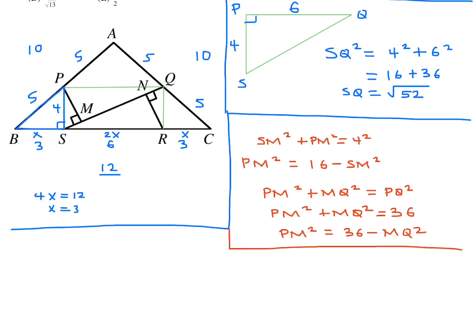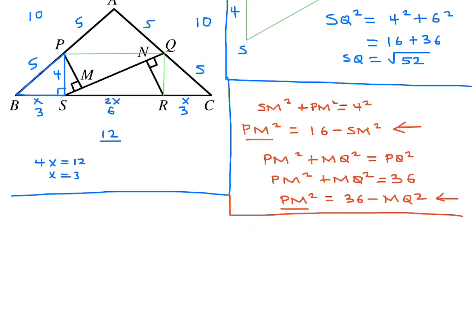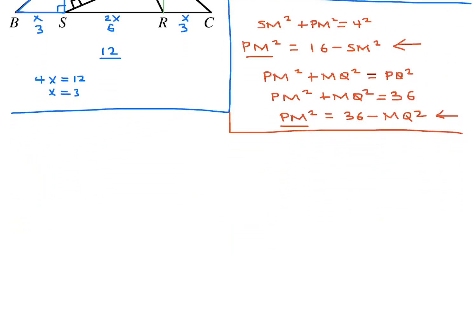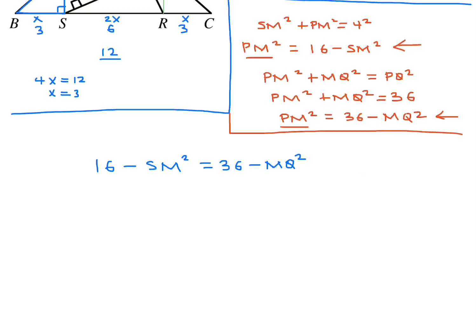All right? So now we have PM squared is equal to 16 minus SM squared, and PM squared is equal to 36 minus MQ squared. And therefore we can set them equal to each other. So that means 16 minus SM squared is equal to 36 minus MQ squared.